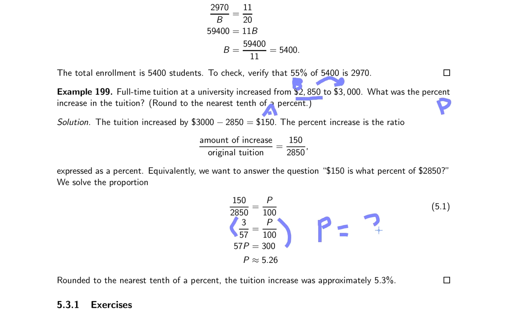So 300 over 57. Then do this long division: 57 into 300.